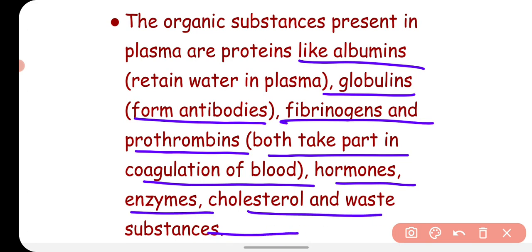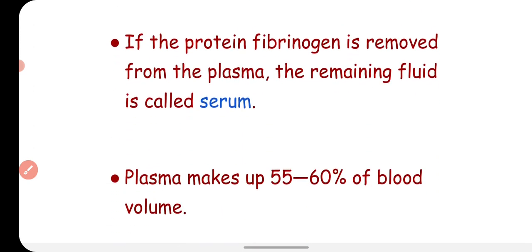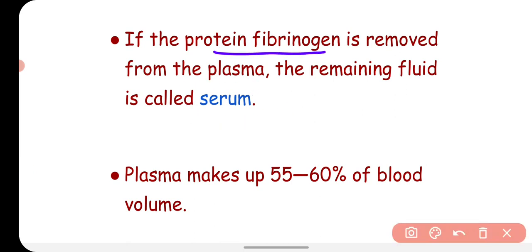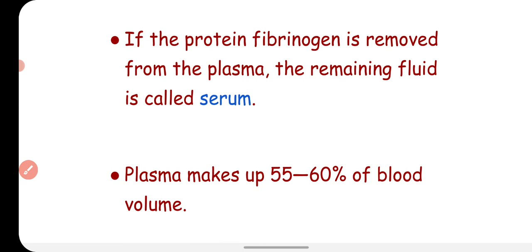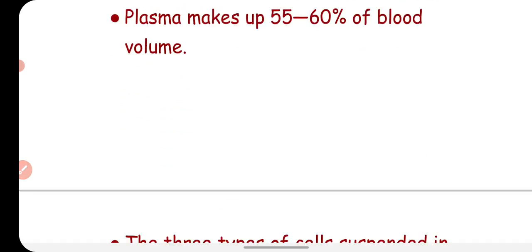If the protein fibrinogen is removed from the plasma, the remaining fluid is called serum. Plasma makes up 55 to 60% of the blood volume.